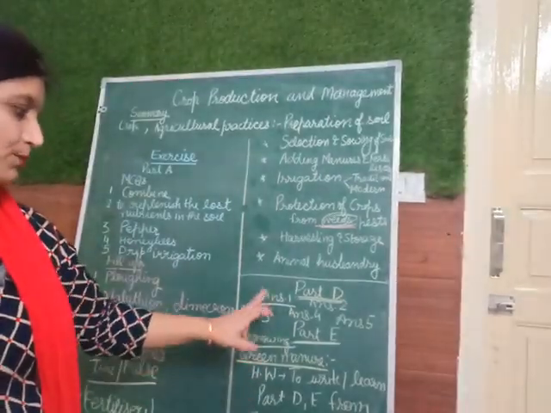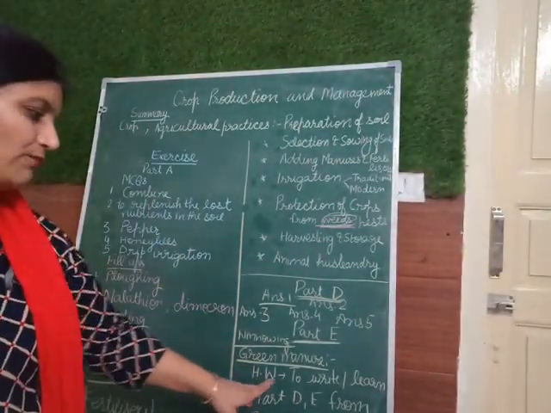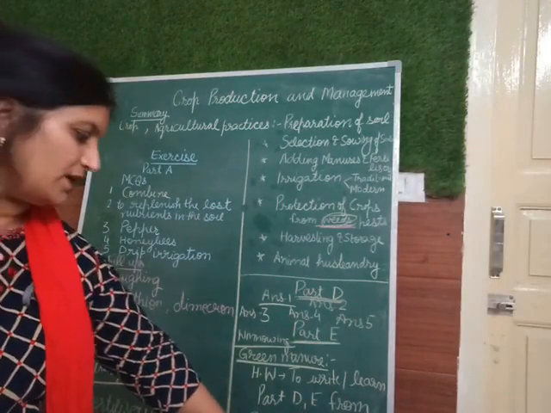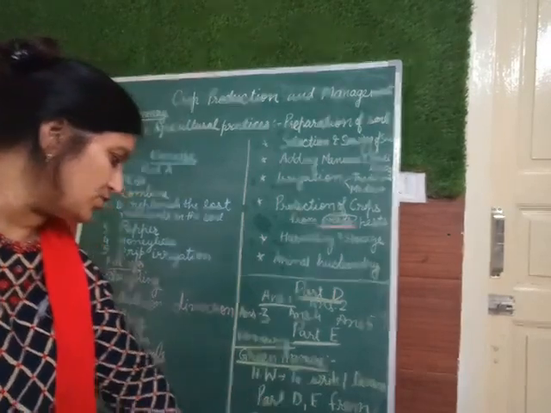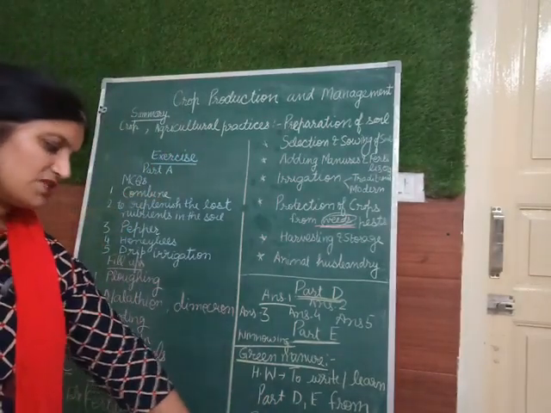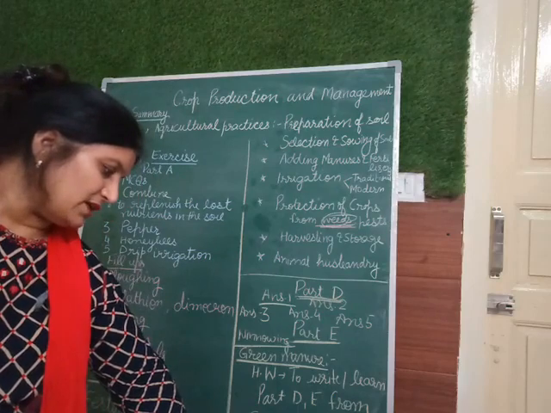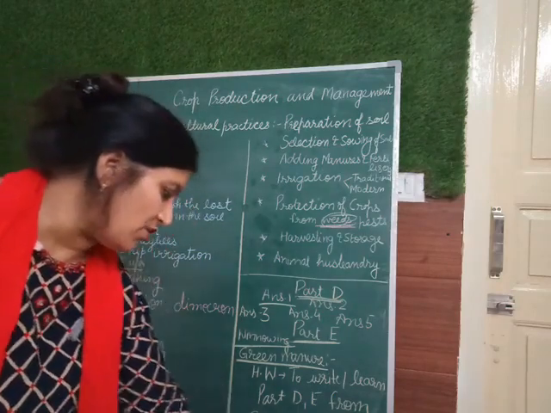You have to prepare the title page also and write the date also. Then homework is to write and learn part D and E from the science assignment sent in your group. Your weekly test will be on Wednesday, and the syllabus is exercise part D and E of lesson 1.